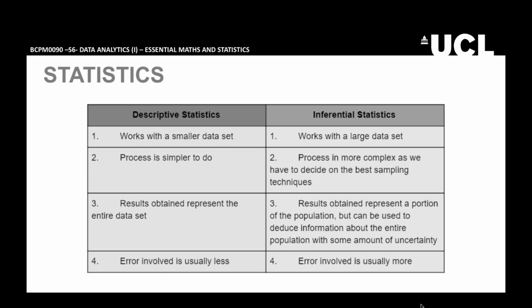But as I said, you can use that sample to deduce information about the entire population, obviously considering some degree of uncertainty. And obviously the error involved is usually less in descriptive statistics than in inferential statistics.